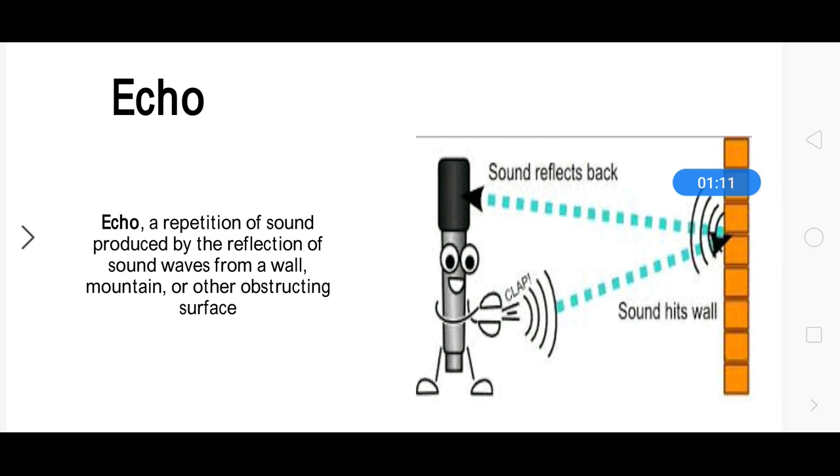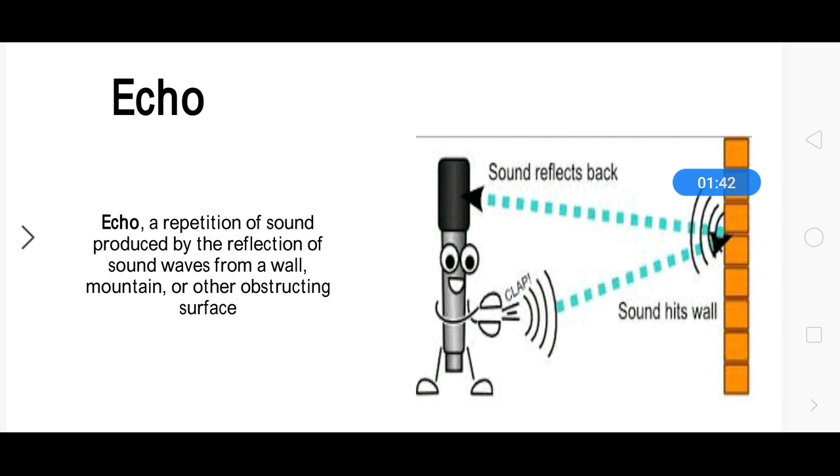So the sound waves move towards that obstacle and get back to the same person. So there is a reflection at the obstacle. You can see this figure in the slide. The person makes sound by clapping. Due to the claps, the sound is produced and the sound waves move towards the wall, and here the wall acts like an obstacle.